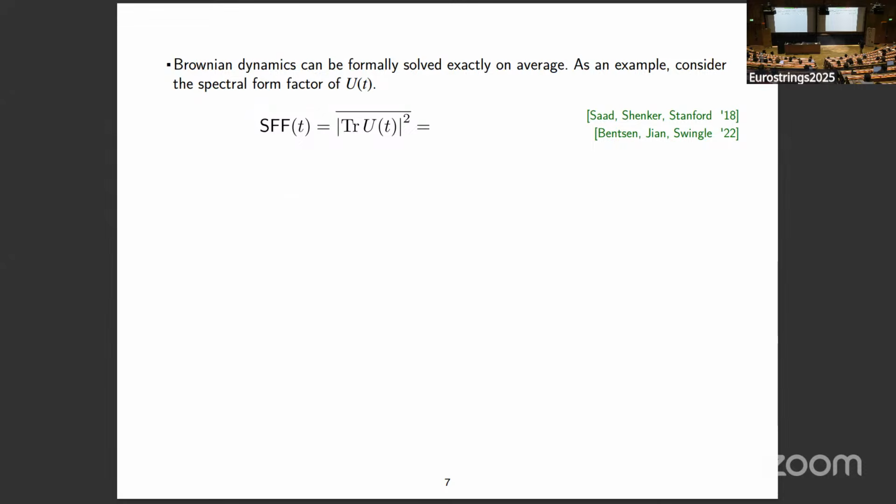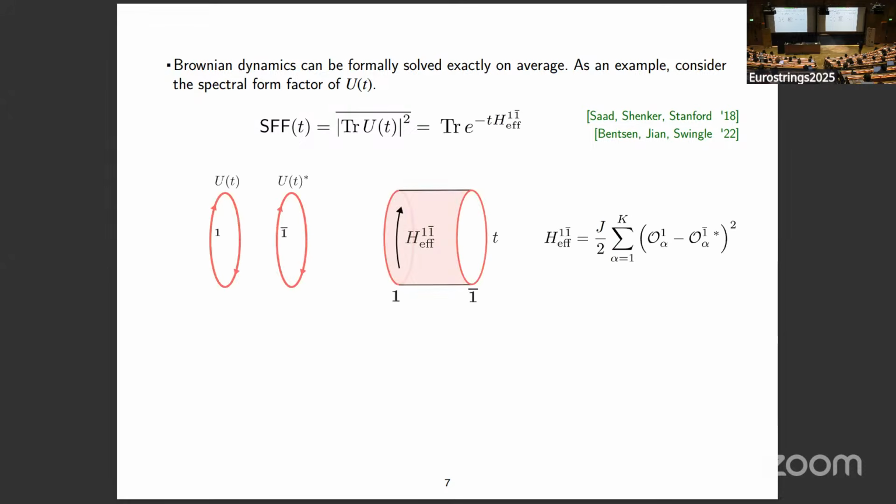The idea is that for Brownian Hamiltonians, one can write this down as an effective thermal partition function with some effective Hamiltonian, which is also known as the Liouvillian in quantum Markov processes. Okay, so the idea is that the correlations between couplings on different contours, so the trace of U of t squared, each contour prepares a trace of U of t, and there are random couplings on each contour.